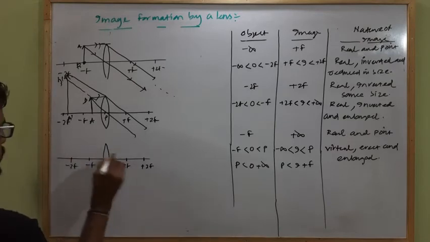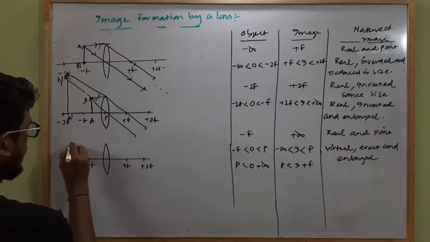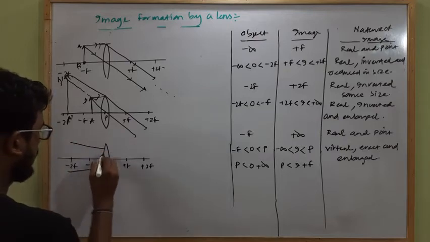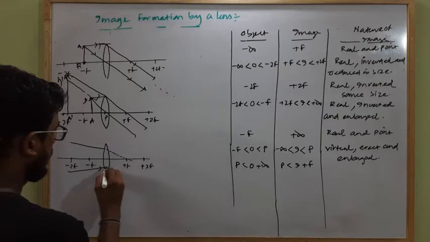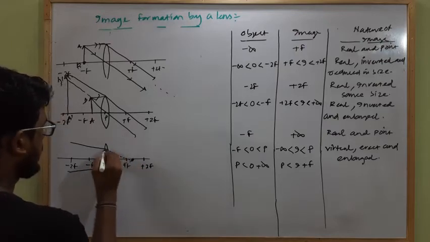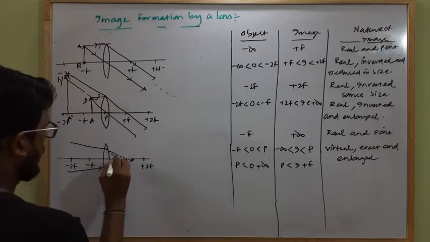Okay, so if the object travels from the pole to plus infinity, the image will travel from the pole to plus f. So like this, this is the object, this is the image.